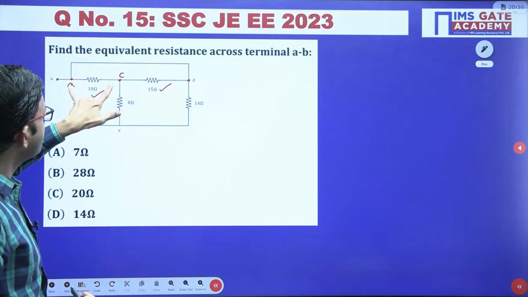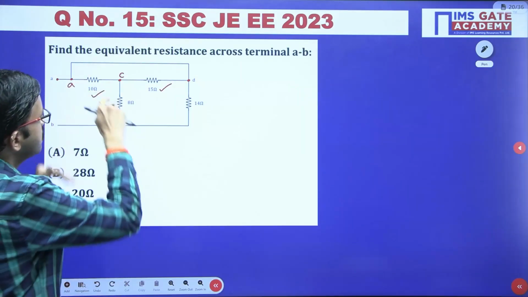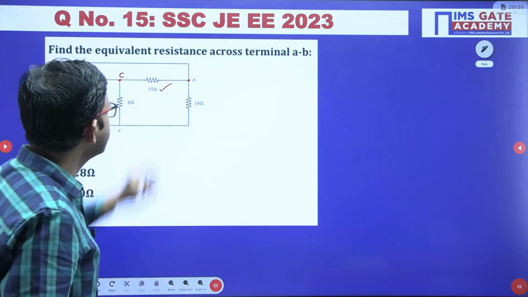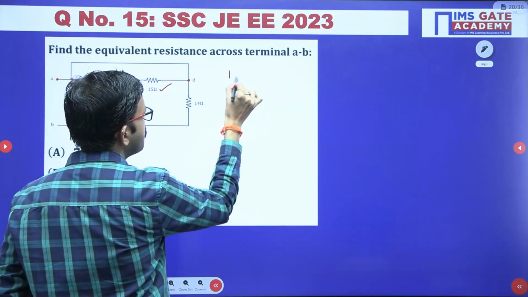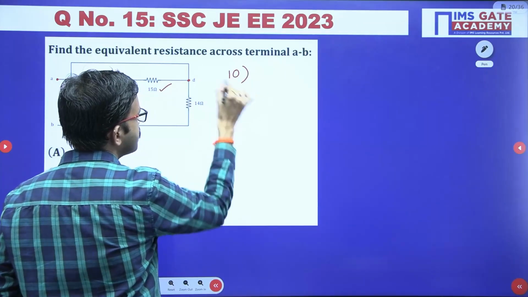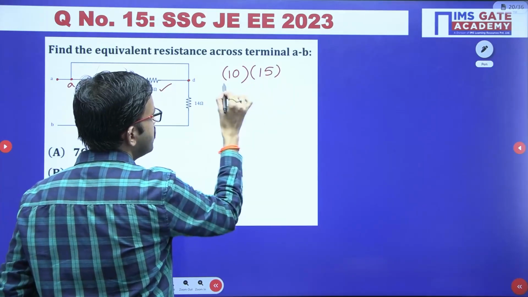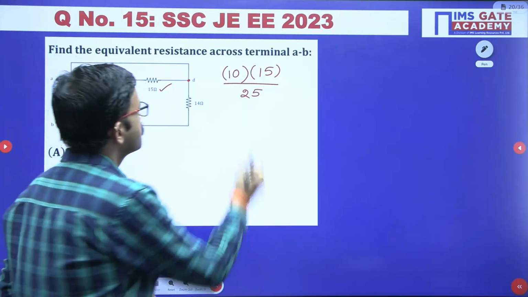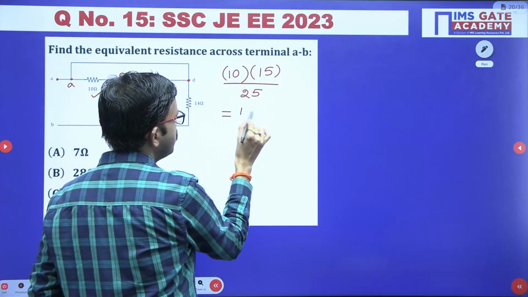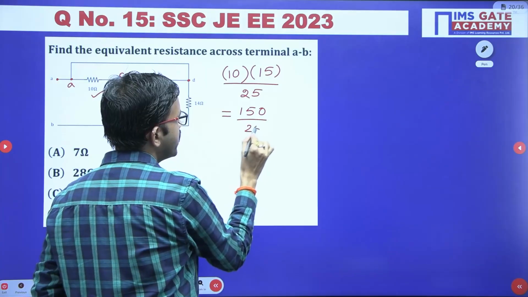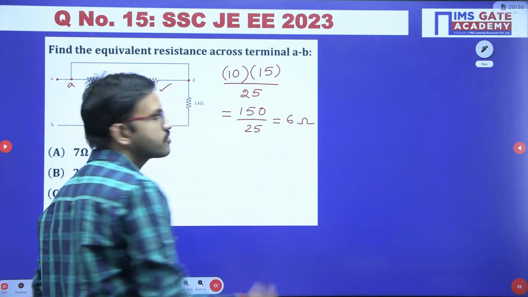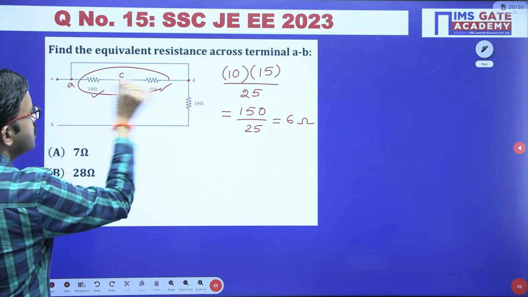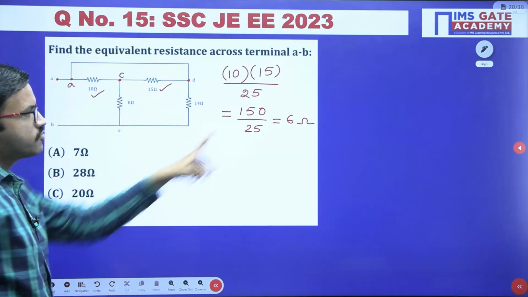That means 10 ohm and 15 ohm are both connected in parallel. So R1 R2 by R1 plus R2, that is 10 into 15, which is 150, divided by 25. That means you are getting 6 ohm. By considering these two in parallel configuration, you get the equivalent resistance as 6 ohm.